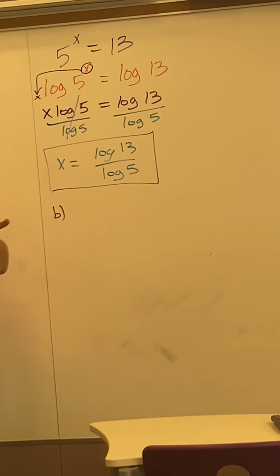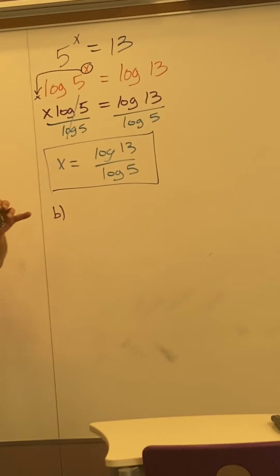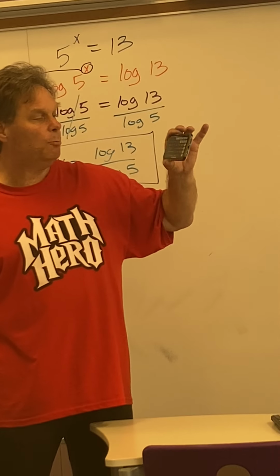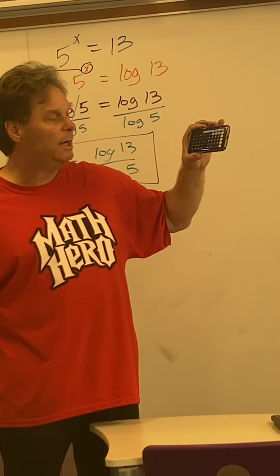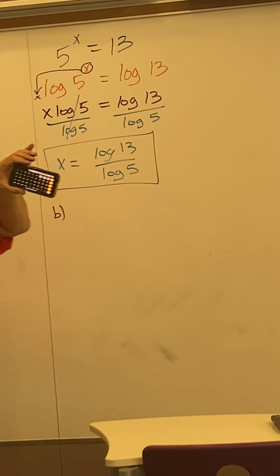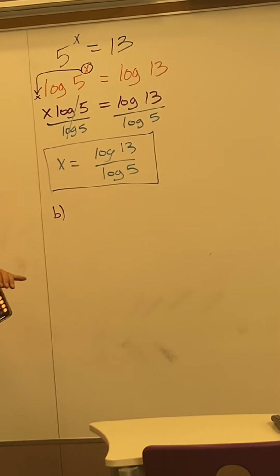Now I'm going to hit divided by. Now I need to do log 5, so I'm going to hit 5 log. Be careful. I just hit 5 log and it's displaying 0.69897. You know what that is? That is log 5.